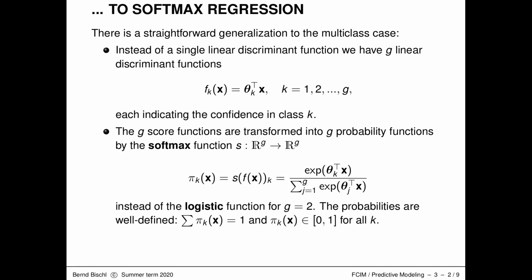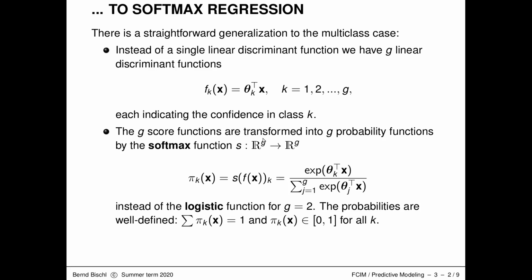If I want to transform these scores for a certain x into posterior probabilities, I'm now not using the logistic function, I'm using the so-called softmax function, which I will also denote with an S. The reason I'm using an S for both the softmax and the logistic is that the softmax is a straightforward and direct generalization of the two-class case into a G-class case.